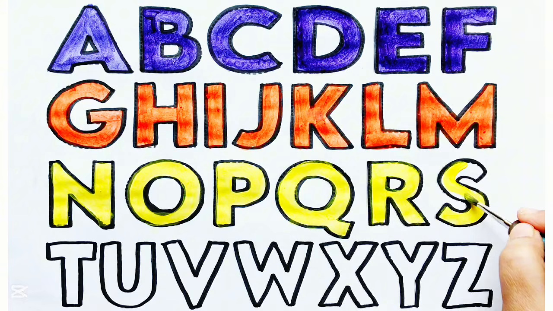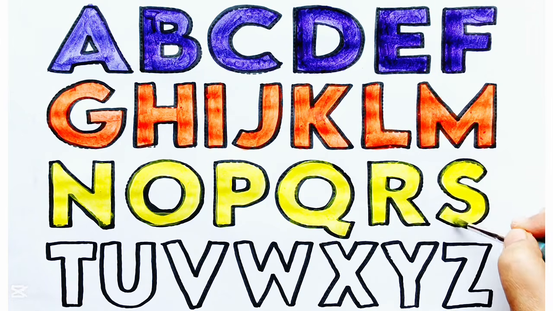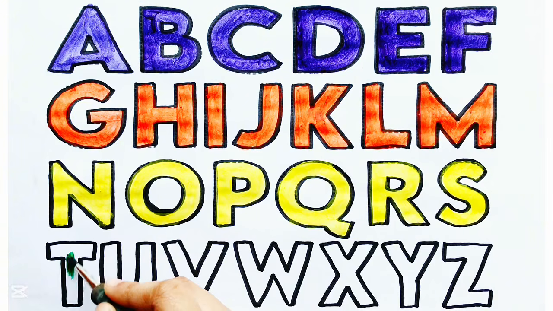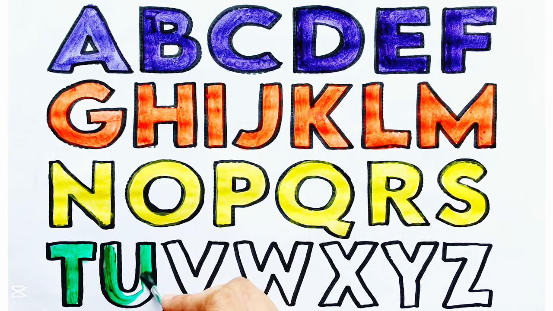Let's see a list of words that start with the letter A. Apple, angel, address, animal, answer. April, autumn. Green color. T for tiger. Alligator. U for unicorn.